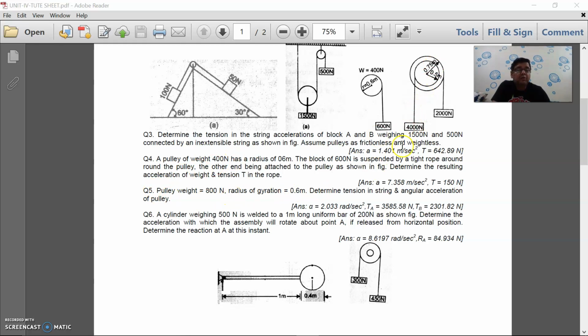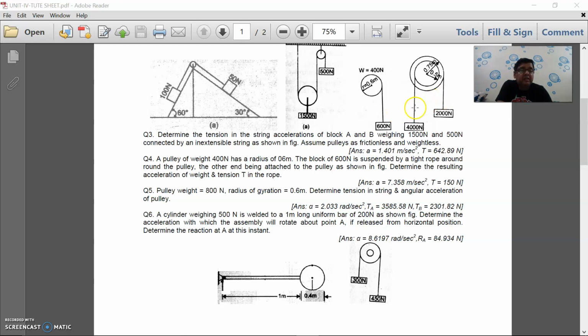So if I need to calculate I, then I need the radius of gyration, which is given as 0.6 meter. Then we have to determine the tension in the string and the angular acceleration of the pulley. In this case, the tension in this string will be different from the tension in this string.